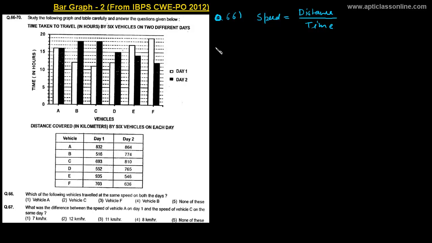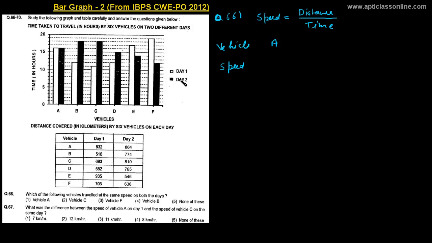So for vehicle A, let's find the speed of vehicle A on both the days.